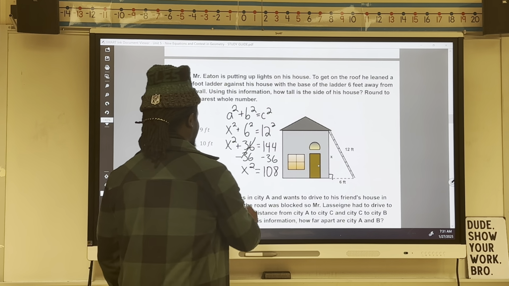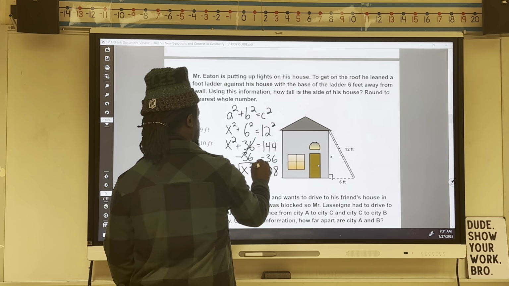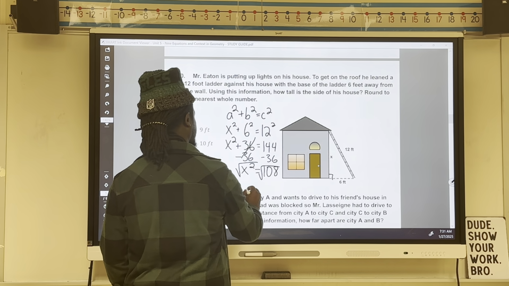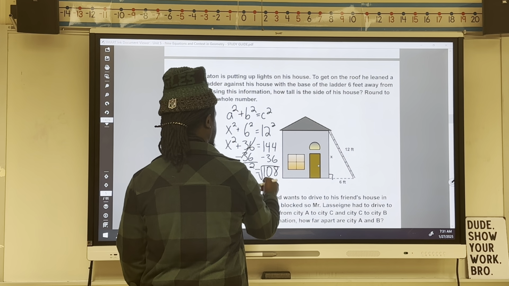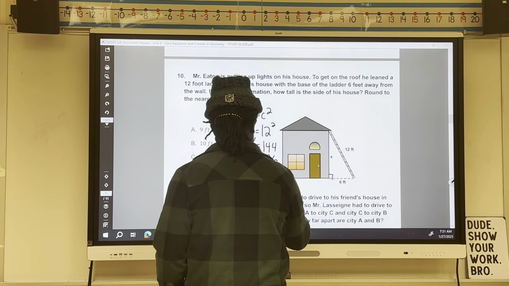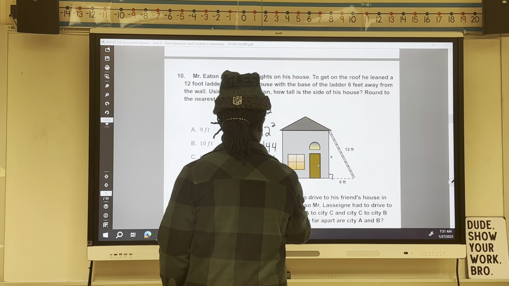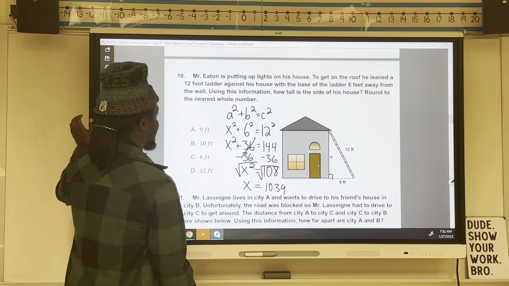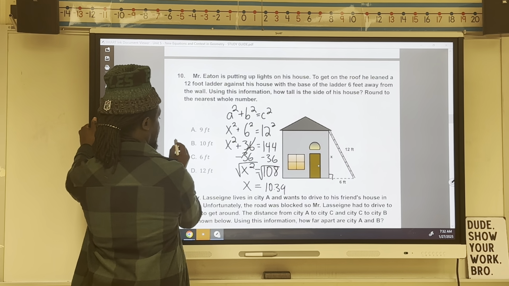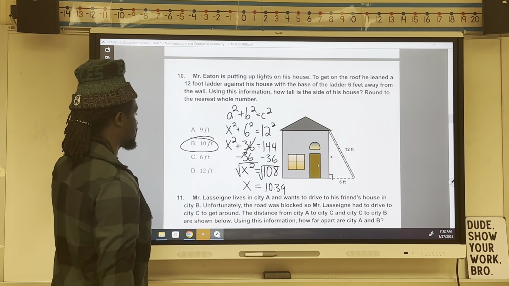Then I take the square root of both sides, which gets rid of the squared. The square root of 108 is 10.39, and when I round that to the nearest whole, I get 10, because it rounds down to 10.